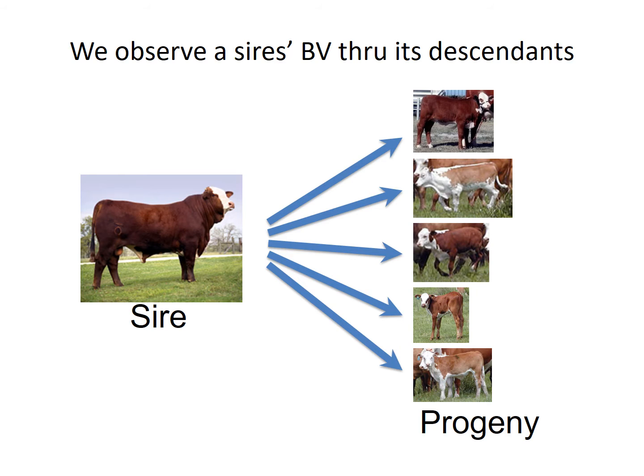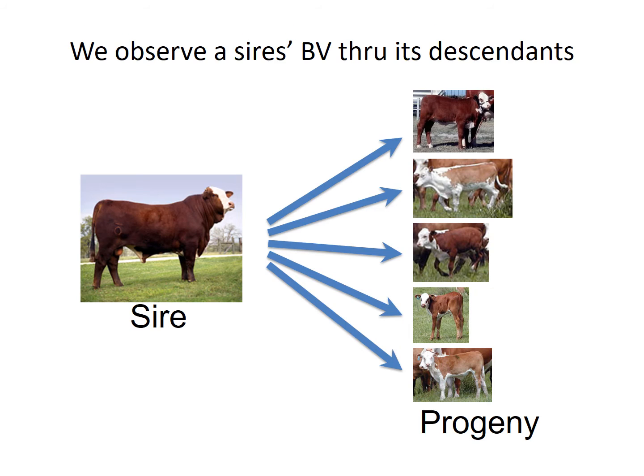Whereas when I look at a bull and decide whether I like him or not, I make my assessment based on what I think the performance of the next generation will be. That is, what the performance of his progeny will be. So if I think this is a good bull, it means I think his progeny will be above average. And if I think this is a bad bull, I think his progeny will be below average.